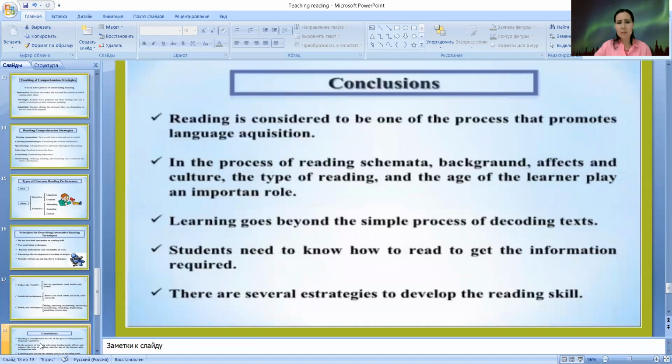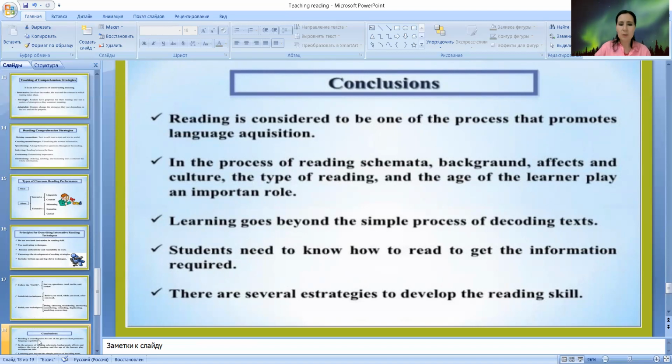Next, conclusion. Reading is considered one of the processes that promotes language acquisition. In the process of reading, schematic background, culture, the type of reading, and the age of learners play an important role.